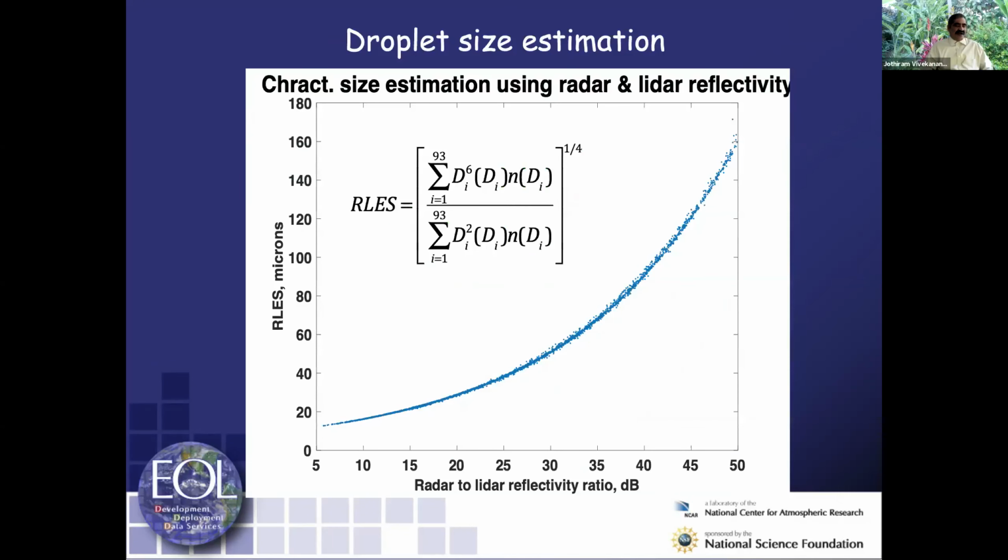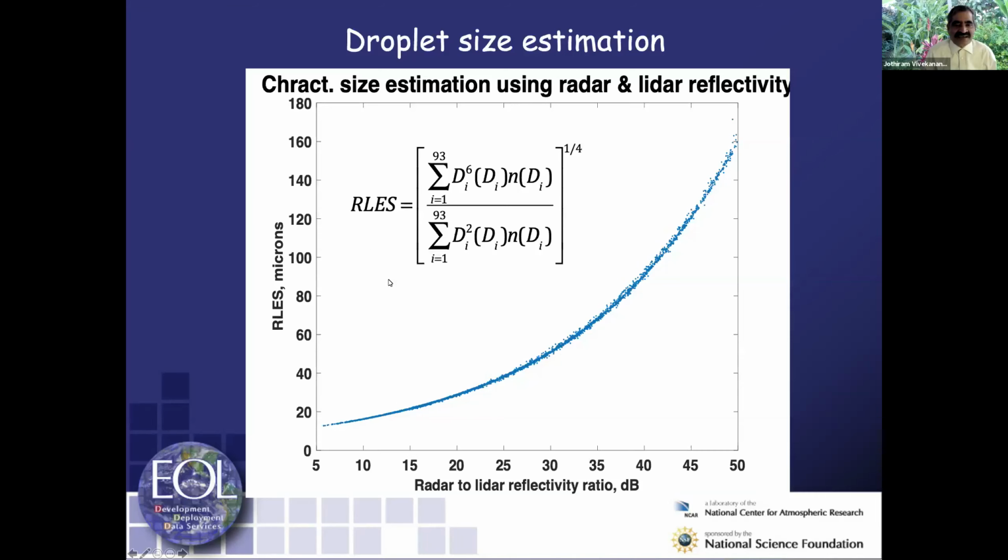This part onwards describes the retrieval technique. Here, the y-axis is the radar-LiDAR estimated size in micron. The x-axis is the ratio of radar backscatter to LiDAR backscatter, in dB scale. This curve basically has no dispersion. I define it as D6 by D2, for 93 bins, 30 bins of cloud droplets and 60 bins of drizzle droplets, raised to the power 1/4.